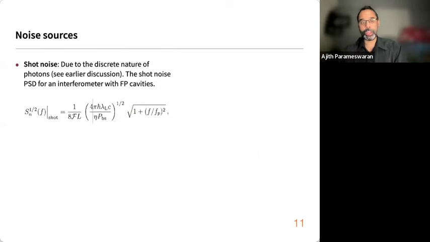Even if you do that, there are a number of fundamental noise sources that would affect our measurements.